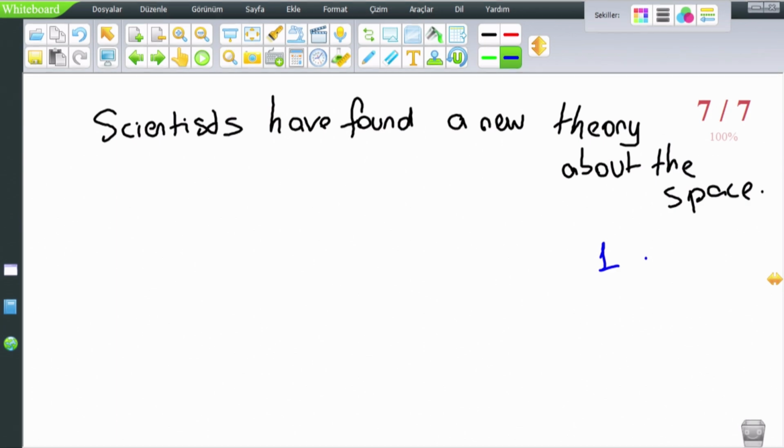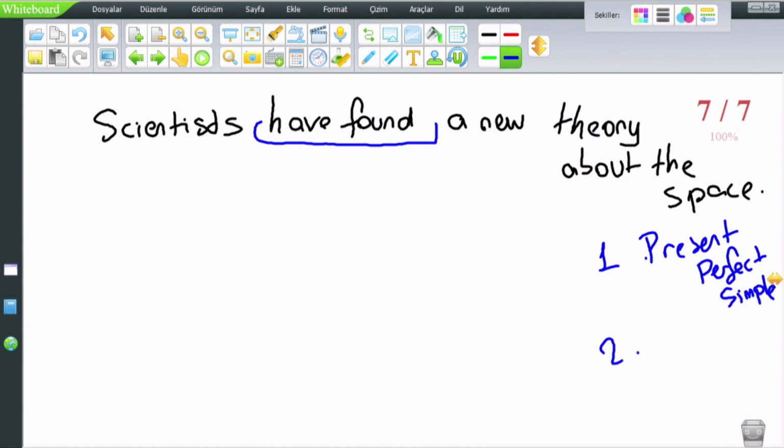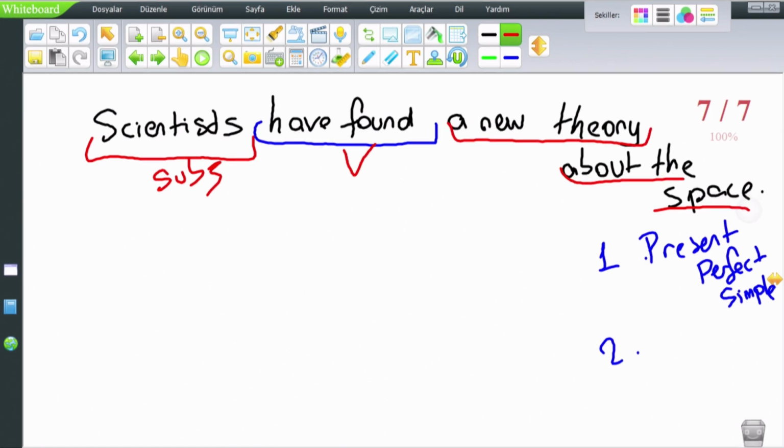What is our tense here? You can see how verb 3 form, so I understand that this is a present perfect simple tense. Let's look at the figure of speeches in this sentence. Scientists is our subject, verb, and a new theory about the space is the object.